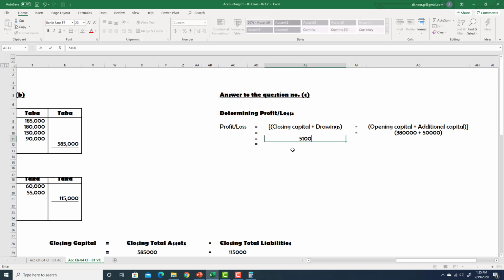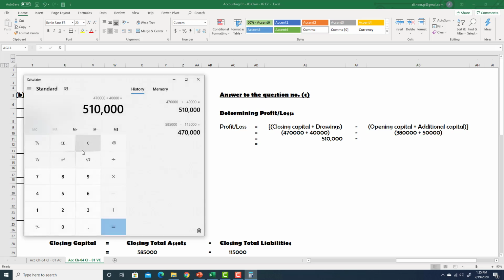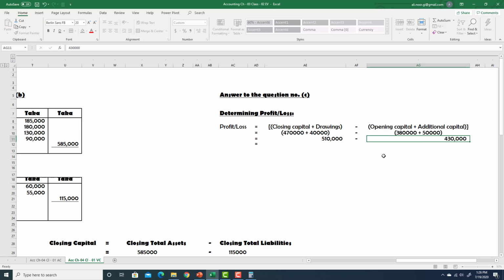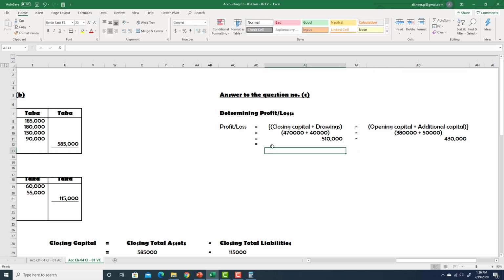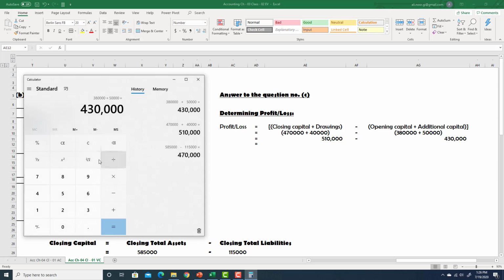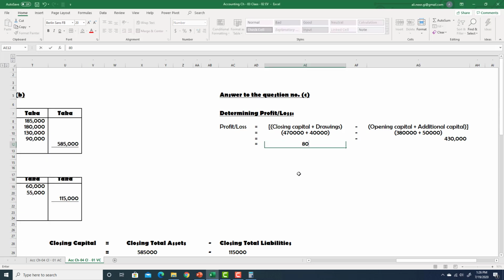And 3,80,000 plus 50,000 is 4,30,000. Subtract these values: 5,10,000 minus 4,30,000 is 80,000. So 80,000 is my profit.